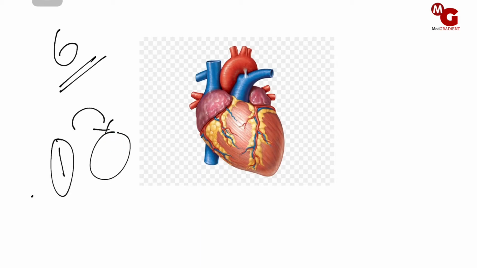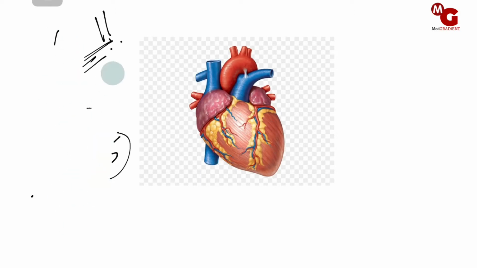So it is important for you to memorize at least these six structures. Let's know what these six structures are.